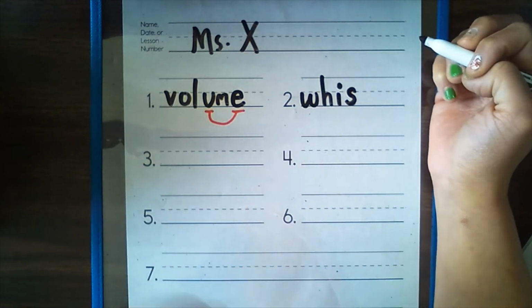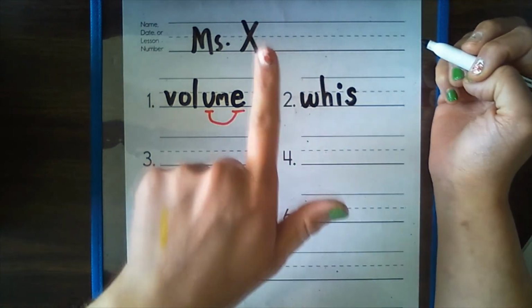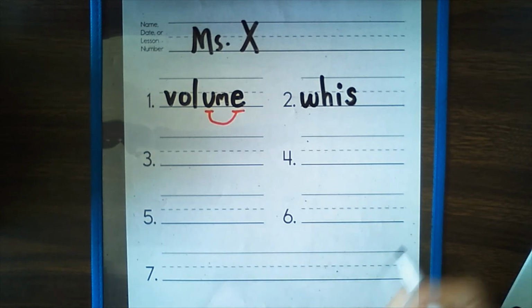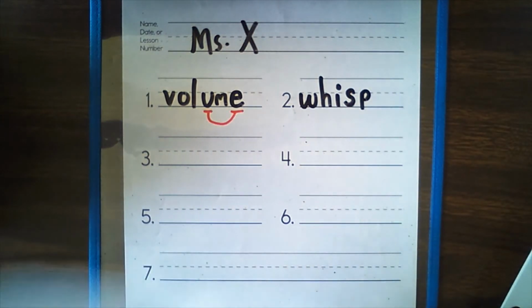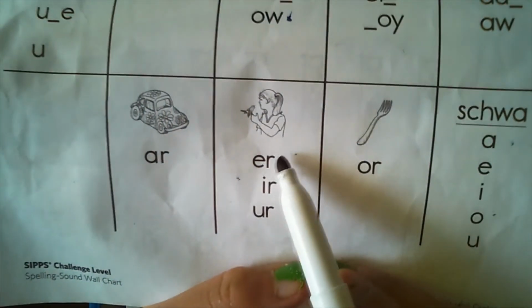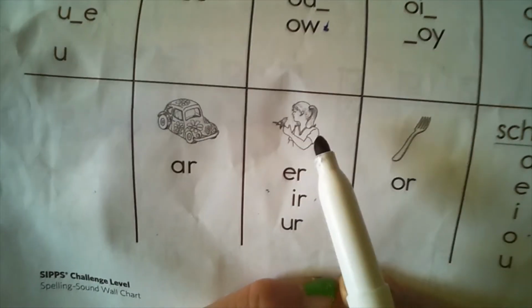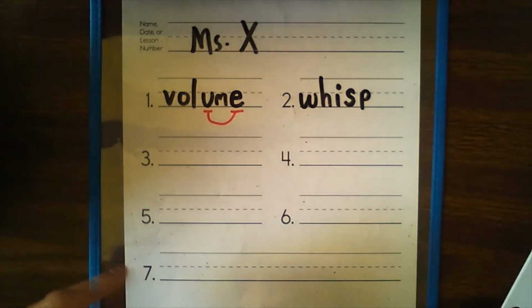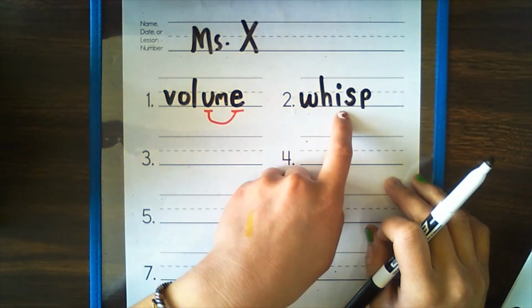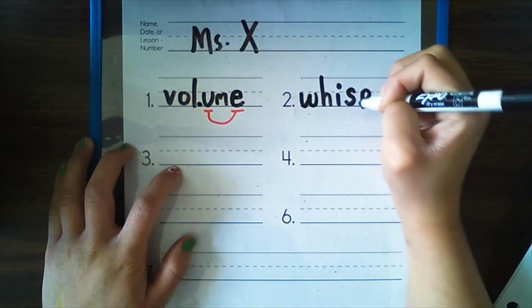Now, our last syllable in the word whisper is per. I hear a p, p in that second syllable, and then we have the er sound, so we're going to use the ER spelling from the picture of the girl holding the bird on her arm. So we're going to use the ER spelling, okay? Whis, that's the first syllable. Oh, Miss X forgot to put the splits there.